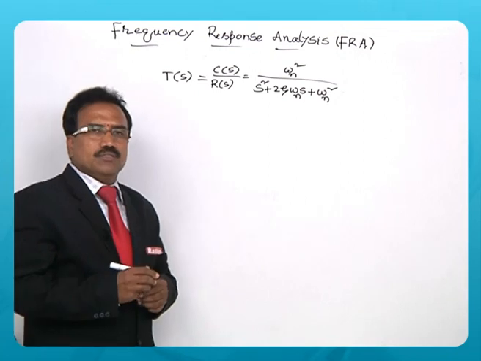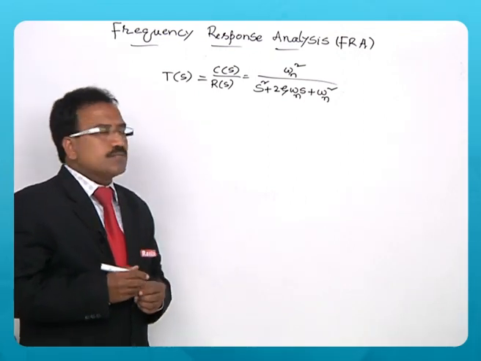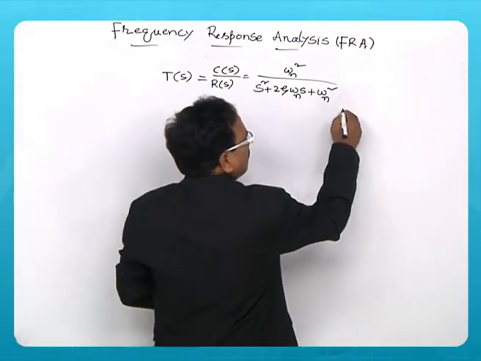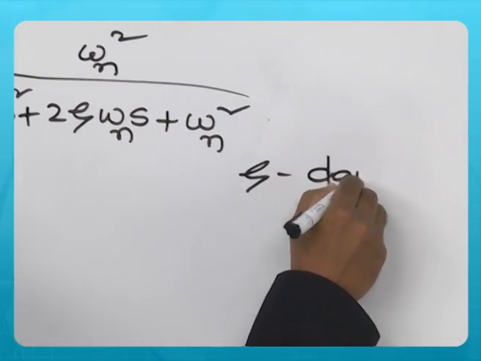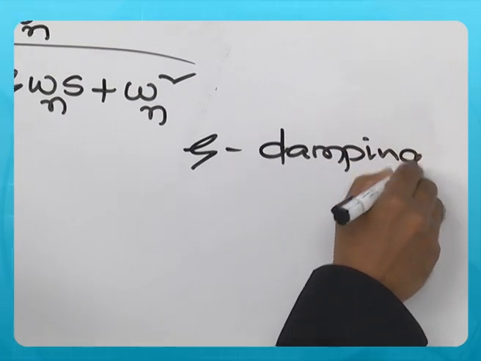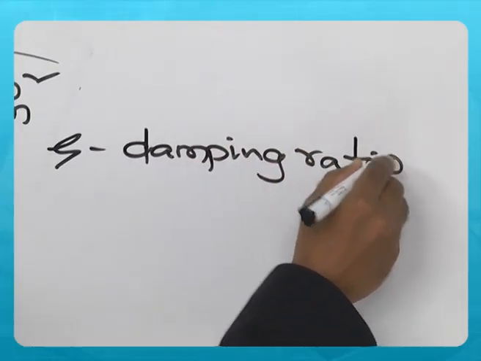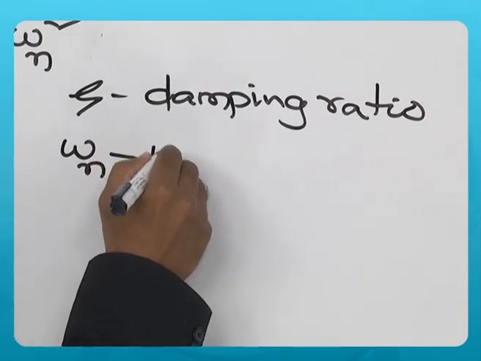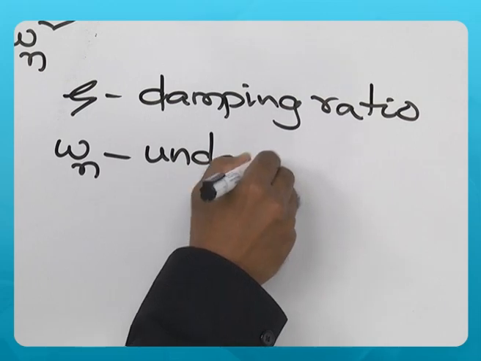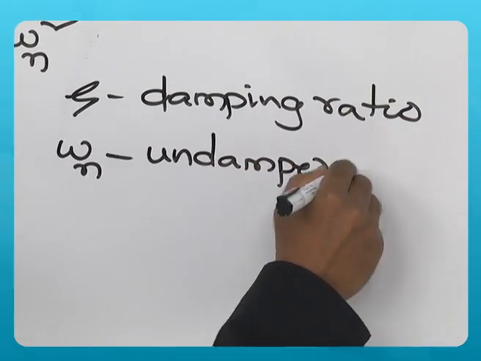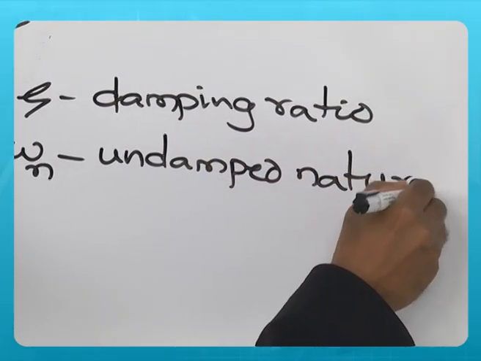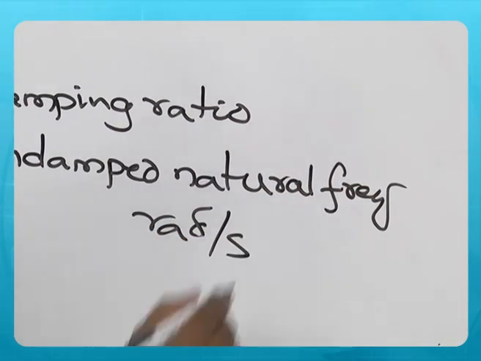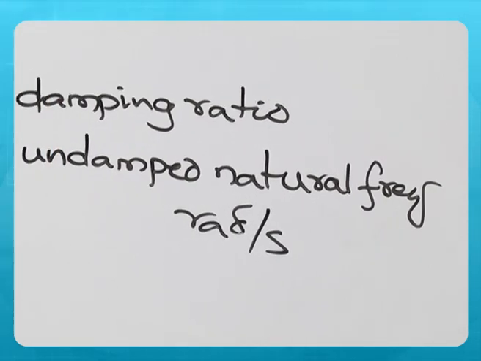This was the equation used in time domain analysis, where two important parameters can be seen here. One is zeta, that is damping ratio, and the other one is omega n, called undamped natural frequency. It is given in radians per second.